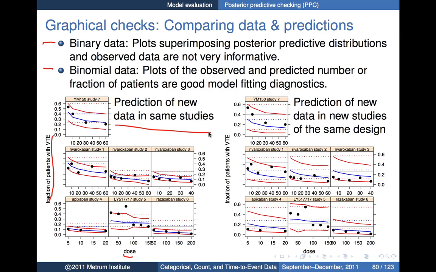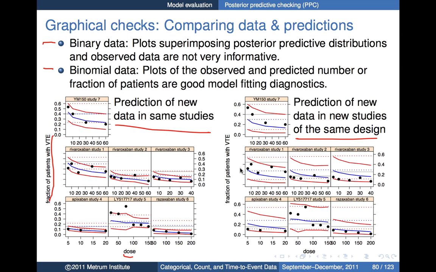The first one here on the left is our so-called individual predictions, where we're predicting new data in the same studies, or the population predictions on the right, where we're predicting new data in new studies that have the same design. Same design again, meaning same drugs, same doses, same number of patients in each treatment arm.